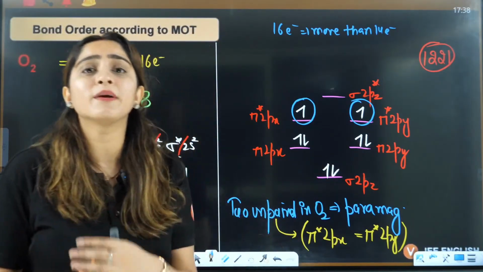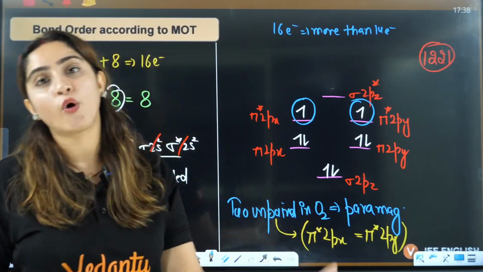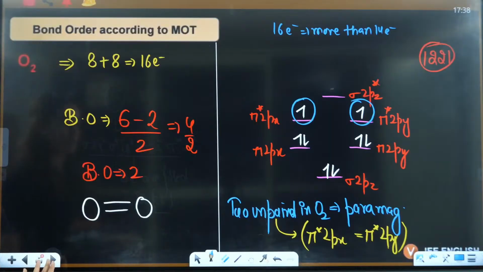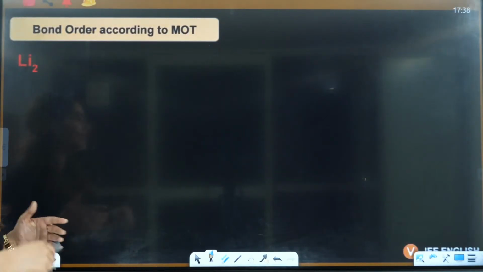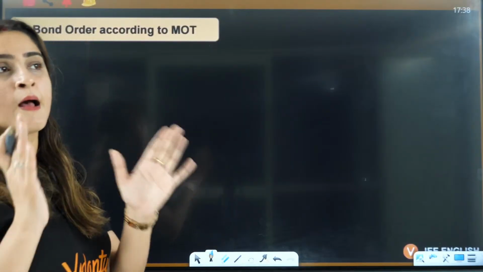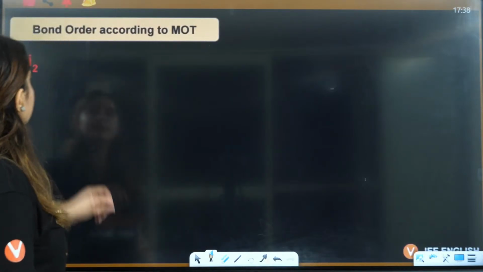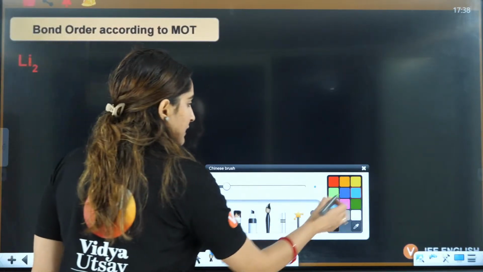So paramagnetic means unpaired electron, and in oxygen especially, they are in the anti-bonding orbitals. That's why it is specified here. It's not that they can't be in anti-bonding elsewhere, but oxygen is very famous because of oxygen only we are studying MOT.